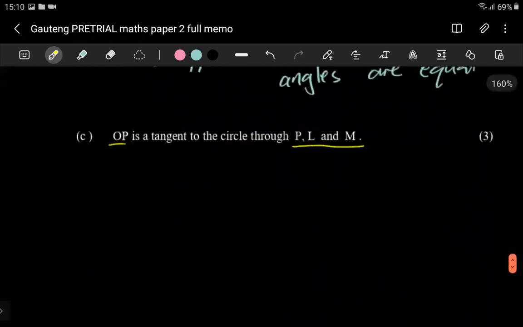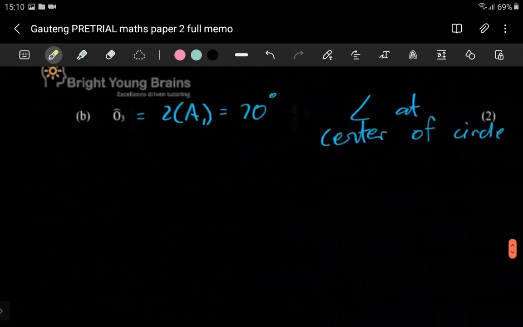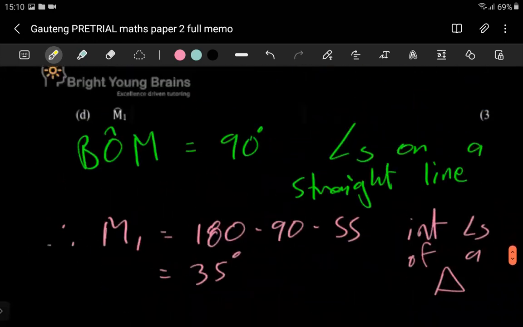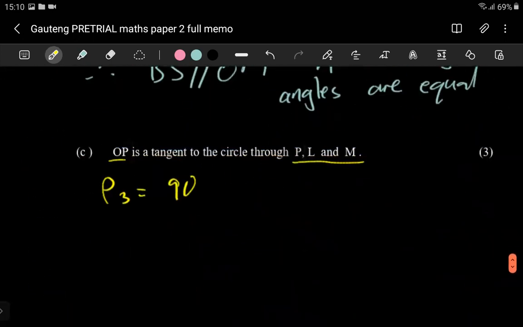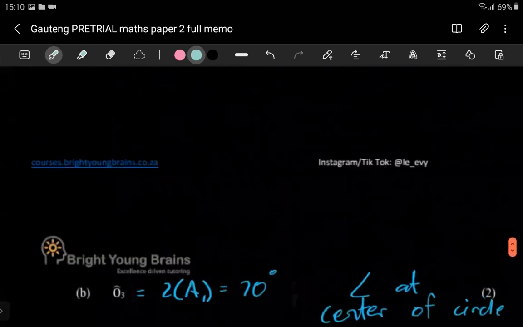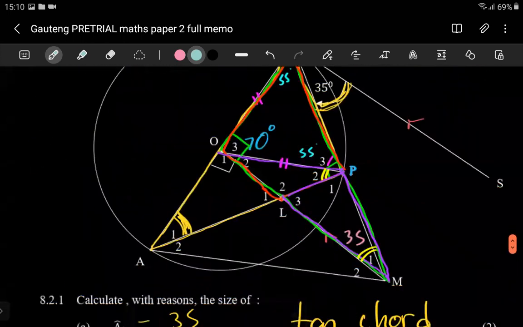P3 is equal to 90. Is it P3? I feel like I'm messing up. No, it's BPA, the angle BPA. BPA is equal to 90 degrees. This has been proven already. And we want to tell them that this angle here is 55.